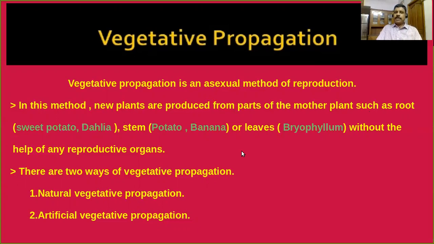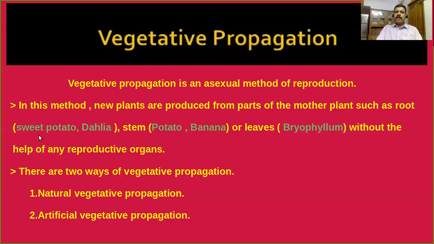All other regions, the root, stem and the leaves together are called the vegetative parts. So, in vegetative propagation, the new plants are produced from the vegetative parts of the plants, especially root, stem and the leaves.